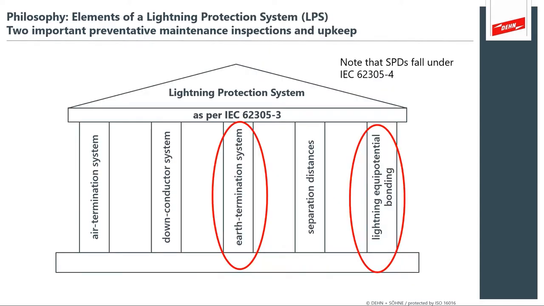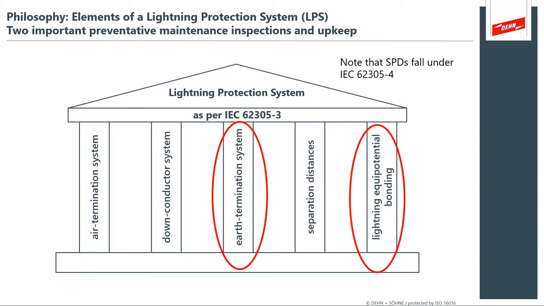So we're looking at the effects of lightning, and it's always important to pay attention to the pillars of protection. This is a great illustration that talks about air termination, the down conductor system, and separation distances. Now, these are things that are already installed at your site, and as an operator, you're not really in control of those.